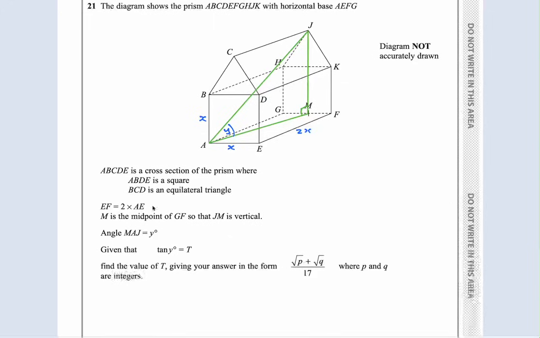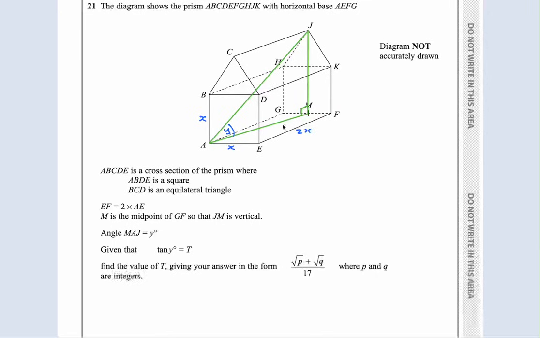But remember, tan is just a ratio. The goal is to find the tan of y as a ratio. For example, if this was 10x and this was 20x, the tan of y is 10x over 20x, which is actually 1 over 2. So I can find it, but obviously it's not going to be that easy.